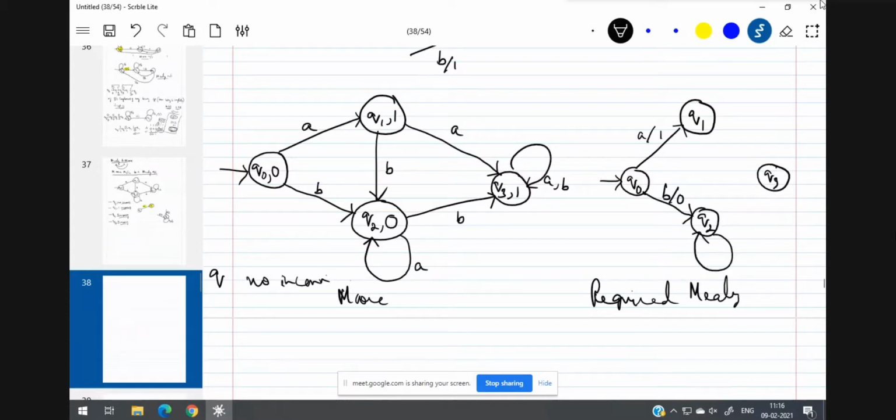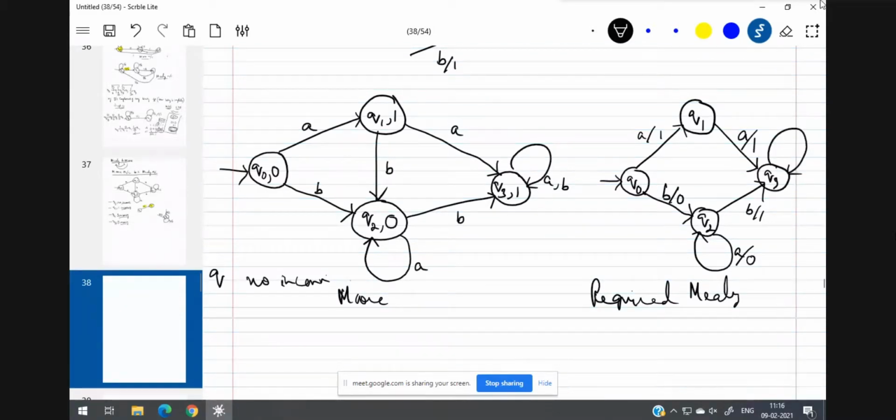And for this input A, 0 is the associated output for Q2, hence let me put A with this. And then what about the Q2 to Q3 arc? B by 1 because 1 is the associated output for Q3. And from this to this, A is the input symbol, 1 is associated with Q3, hence let me write 1 here.